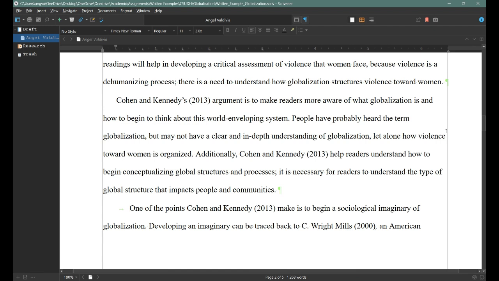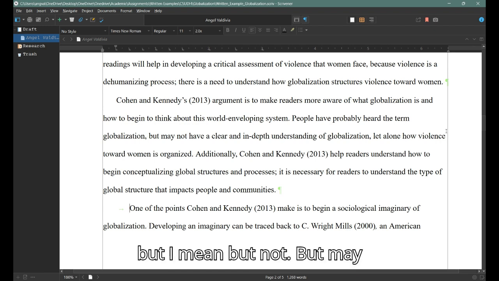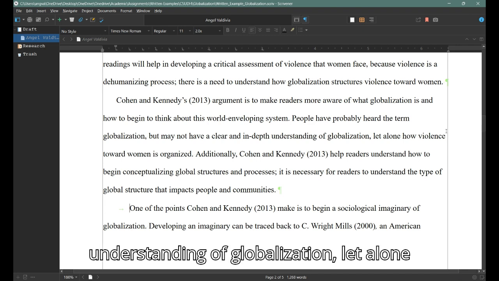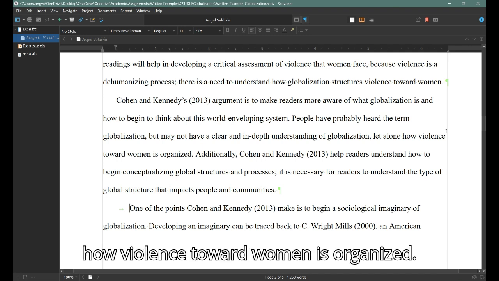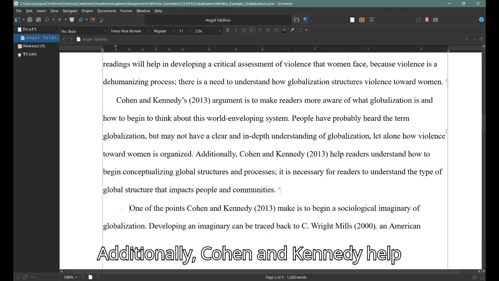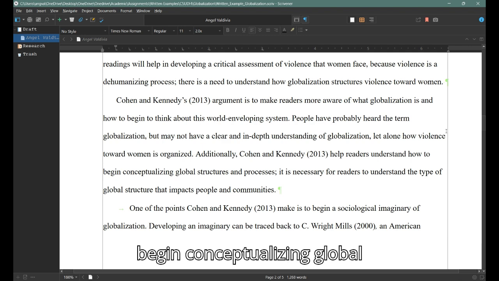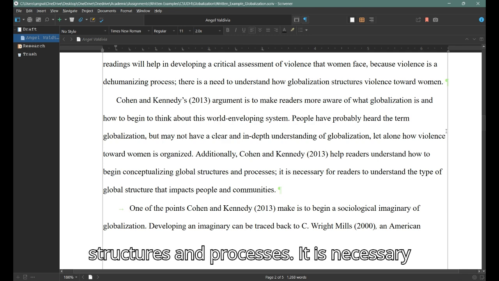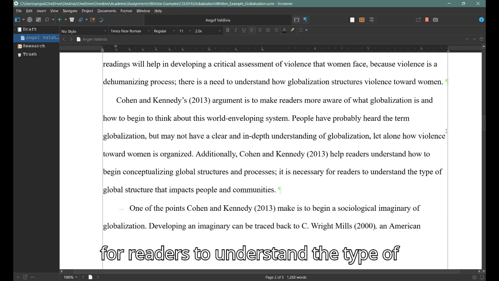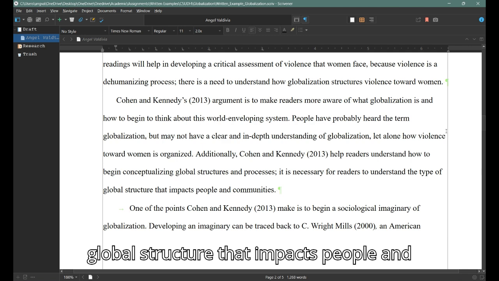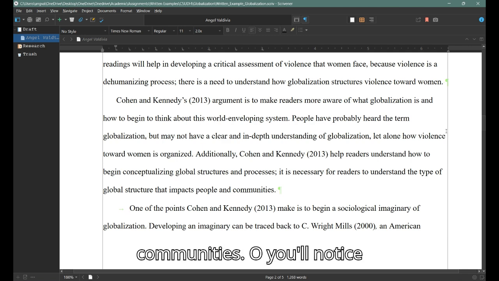People have probably heard the term globalization, but may not have a clear and in-depth understanding of globalization, let alone how violence toward women is organized. Additionally, Cohen and Kennedy help readers understand how to begin conceptualizing global structures and processes. It is necessary for readers to understand the type of global structure that impacts people and communities.